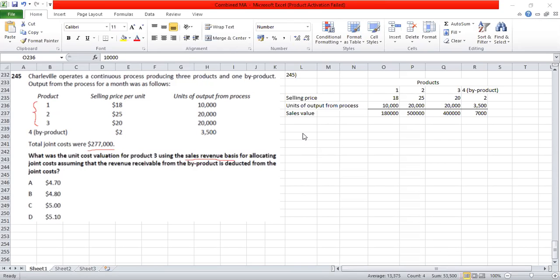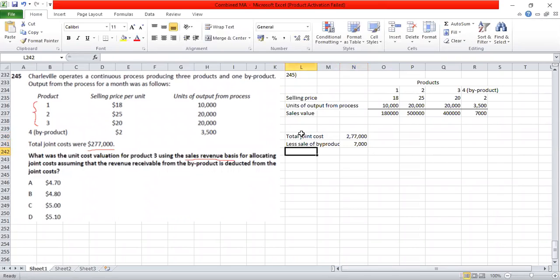So here what we see is, when they have incurred the joint cost, how much joint cost did they incur? Total joint cost incurred is 277,000. Out of that, the total cost will be reduced by the amount of 7,000, so less sale of byproduct, which is 7,000.